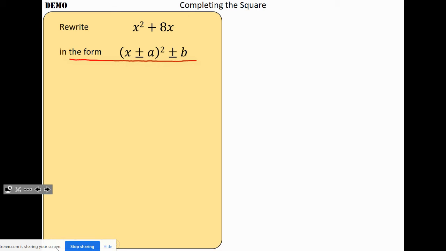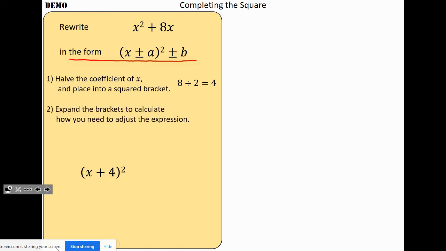Generally the form is x plus a in brackets squared, and then plus or minus b. And how we do that is, like we've said, to halve the coefficient of x, so 8 divided by 2 in this case is 4, and place that 4 into the bracket, so x plus 4 squared.